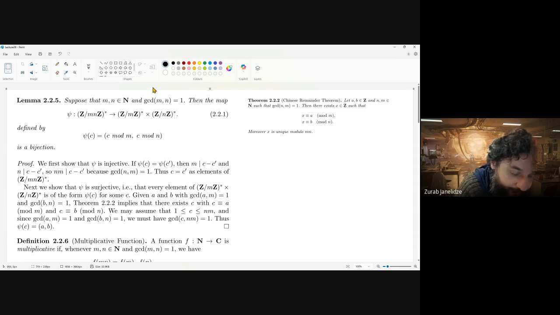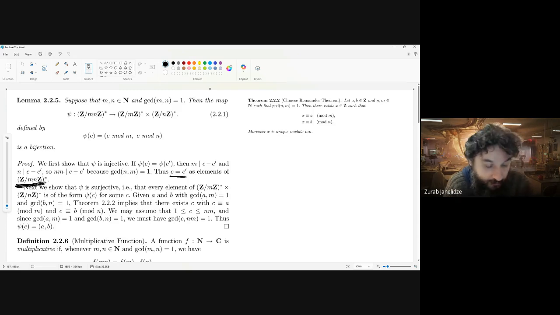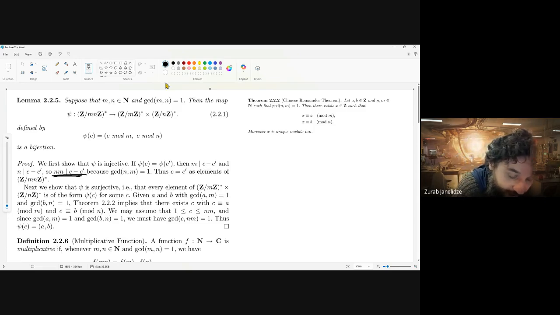Let's see where we can go from here. Okay, so it seems like we're concluding now that c and c prime actually must be equal to each other in this set. Why is that so? Well, if n times m divides c minus c prime, that means that c equals c prime modulo n times m, right?